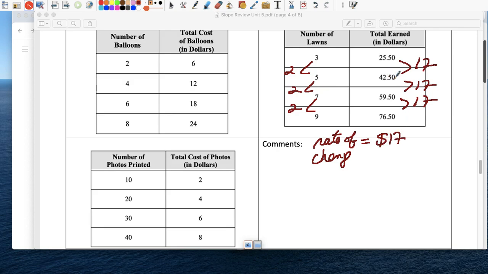When you did 42.50 minus 25.50, that gives you 17 dollars over 2 lawns. The only thing I'm adding here is the units, lawns. And if you simplify that, it's going to be $8.50 per 1 lawn. Okay, and that's your final answer.